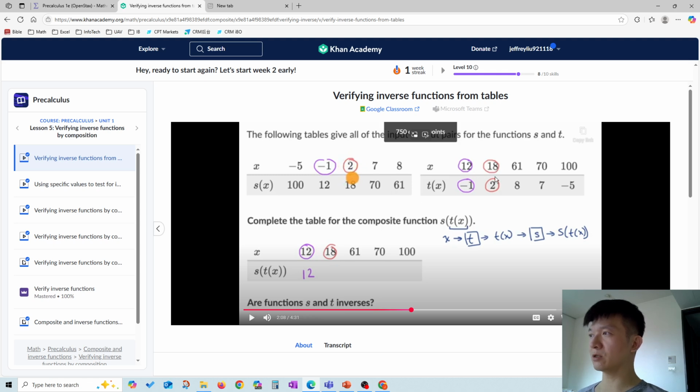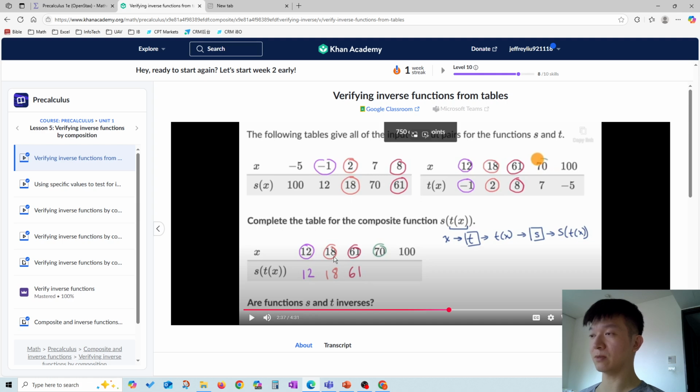So you find here 18 corresponds to 2, okay? You take your 2 over here, 2 corresponds to 18, so that'll be 18, right? So 61 corresponds to 8, and 8 corresponds to 61 again. So you see, they are all the same, right?